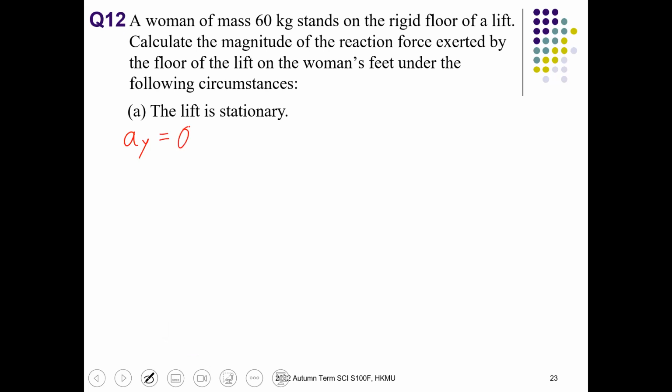Keep in mind that the lift goes upward or downward, so we are considering the y direction. We can consider Newton's second law. For Newton's second law, the net force acting on the body equals the product of ma.